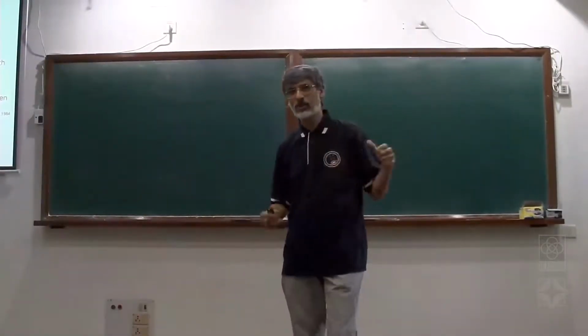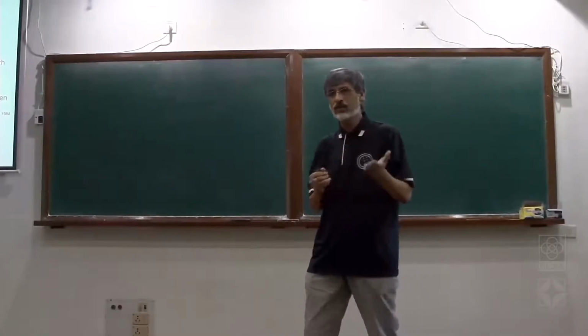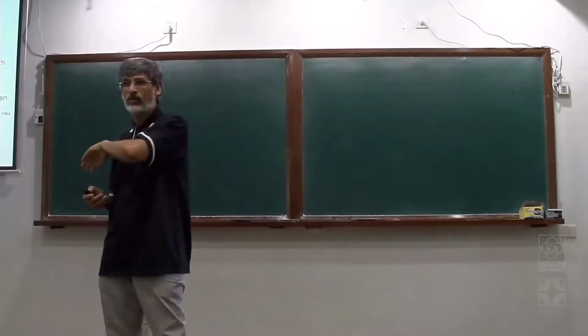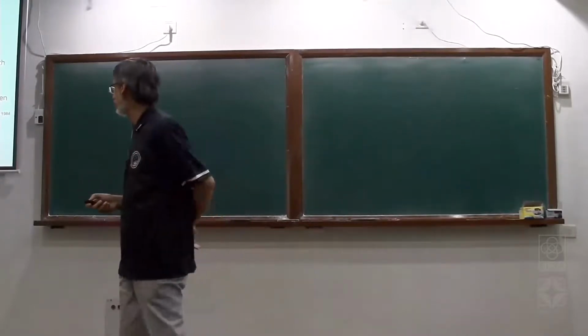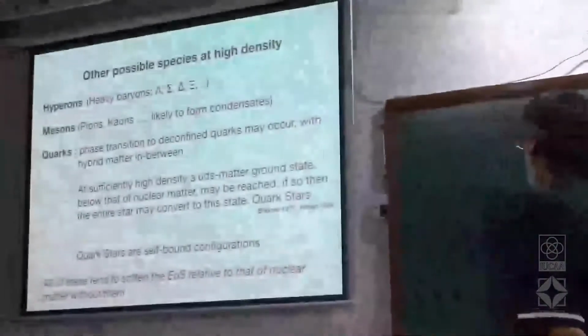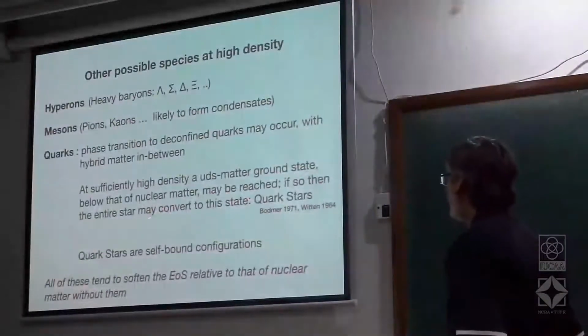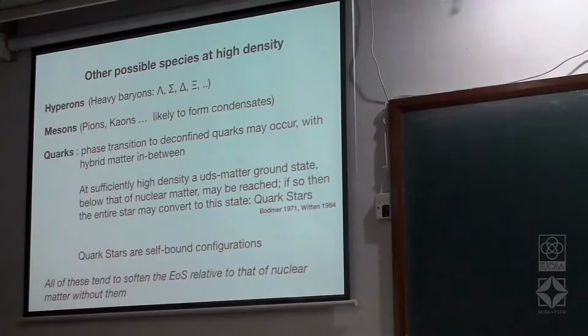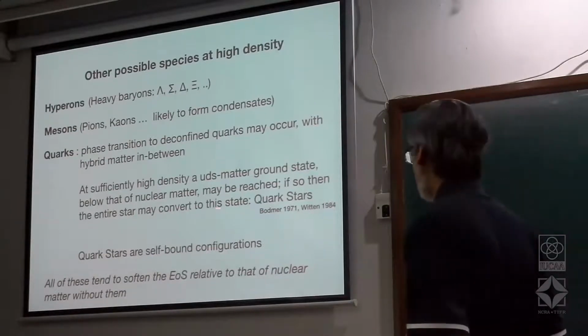So you have to first compress it high enough so that you go above the limiting density so that your quark matter ground state can be produced. If you produce such a core inside a neutron star, then this matter will eat away at the rest of the star and everything will get converted to this quark matter state. And such stars are called quark stars.